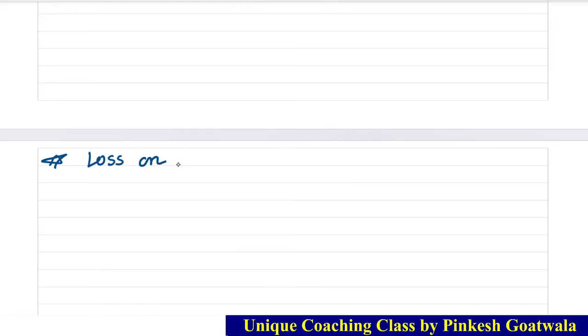Loss on... they didn't give the reason, so we only give the heading abnormal loss. કીધું નથી loss ક્યાં થયું છે, means due to fire or any other. That point is not given. So let's give heading only abnormal loss. And this loss happened in transit, on the way, રસ્તામાં થયું છે.